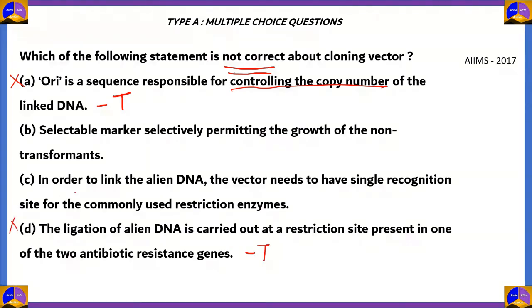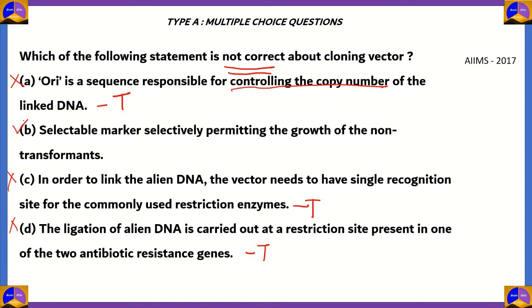If you look at option C, in order to link the alien DNA, the vector needs to have a single recognition site for commonly used restriction enzymes. The statement is true because if you have more than one recognition site, then the DNA would splinter up and become useless. So option C is also wrong because the statement is correct.